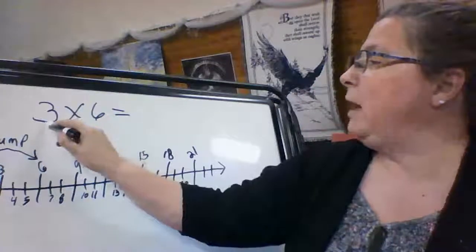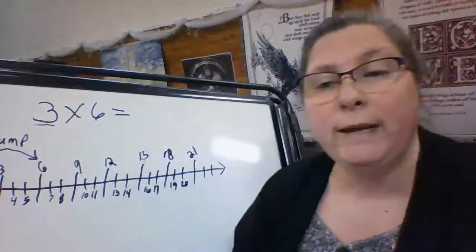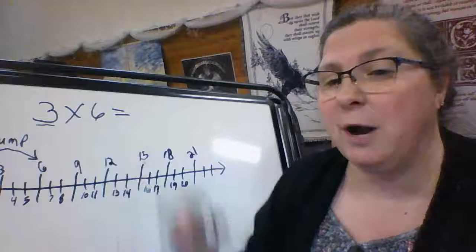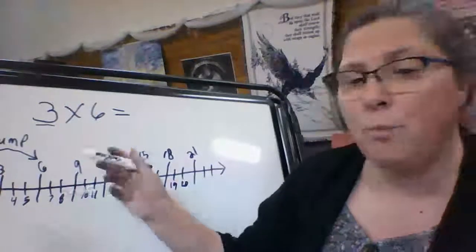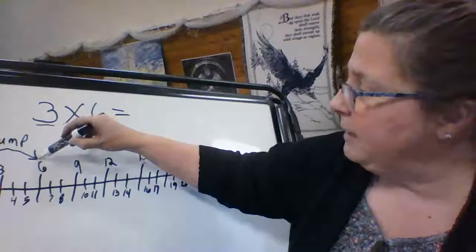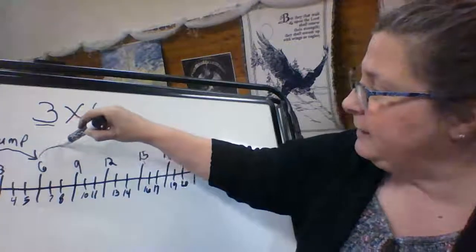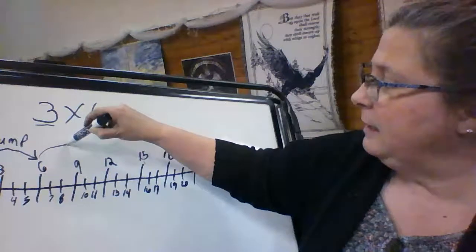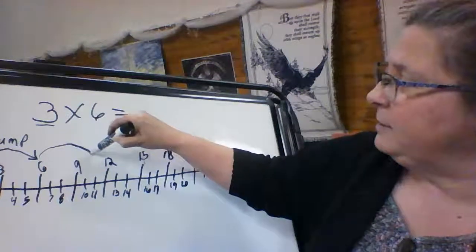But we've only done 1, so we need 2 more, right? Because we need a total of 3 jumps. So from 6, let's do our skip counting: 7, 8, 9, 10, 11, 12.